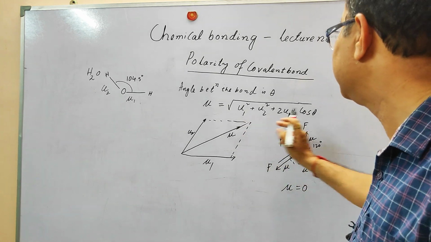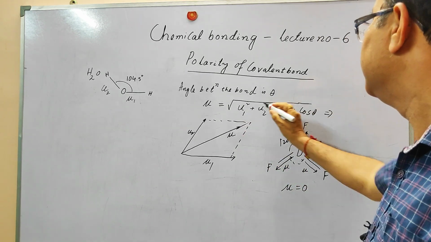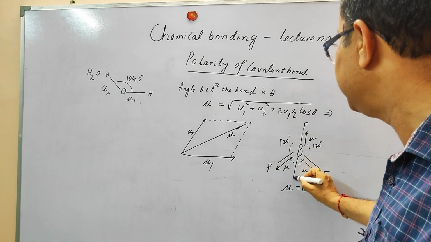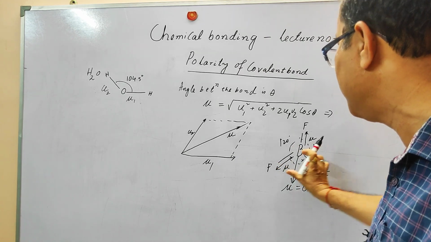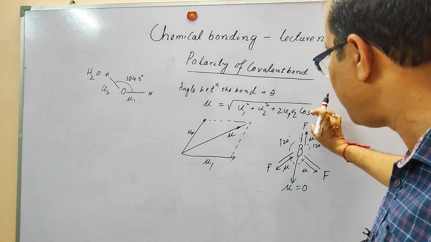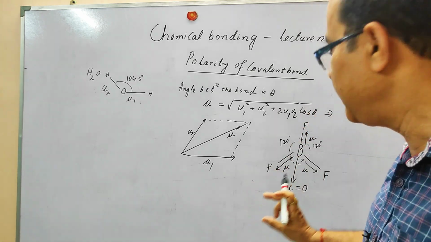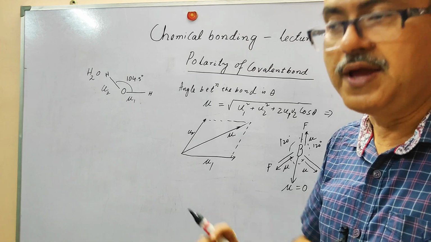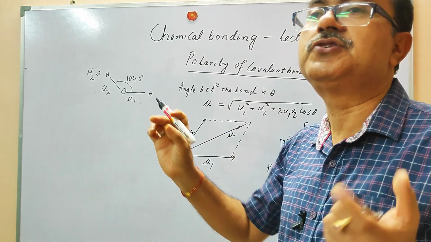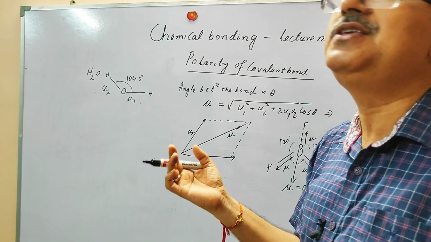How can we understand that? If you put the resultant of these two bond dipoles, you can see it is just opposite to the third dipole, and its magnitude will be the same. So as they are opposite with the same magnitude, the dipole moment will be 0.